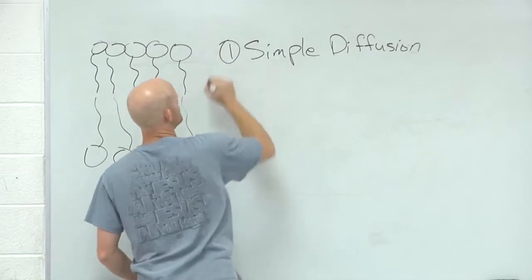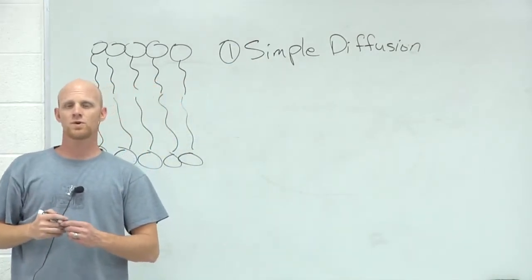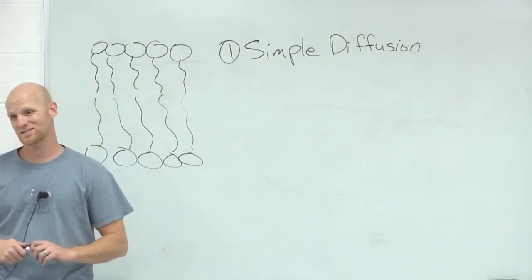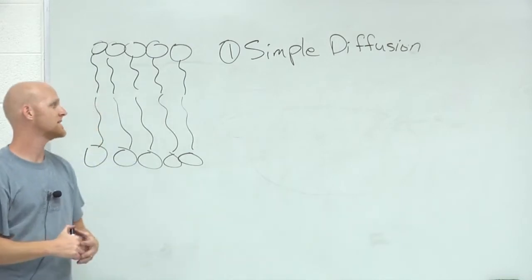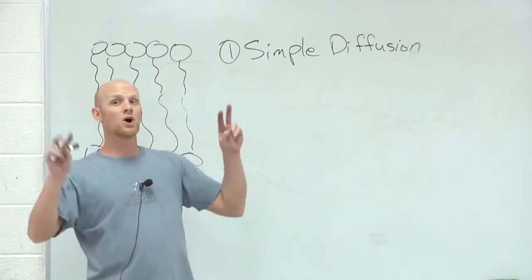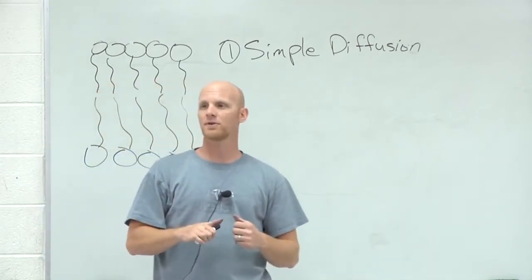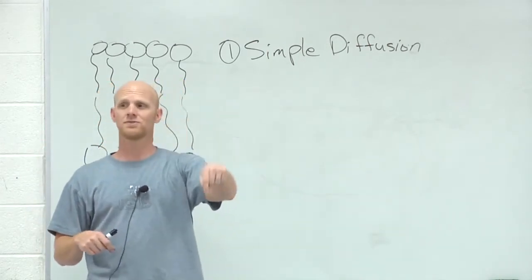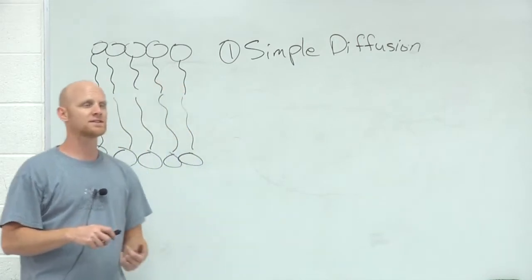Simple diffusion. Just works with the concentration gradient. So if the inside of the cell doesn't have a lot of O2, but there's a lot of O2 that maybe got dropped off at the capillaries outside the cell, then it's just going to diffuse right across. So not a big deal.